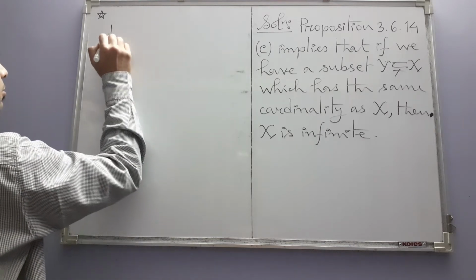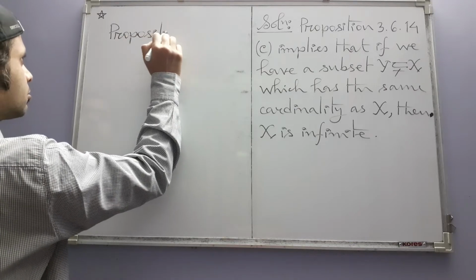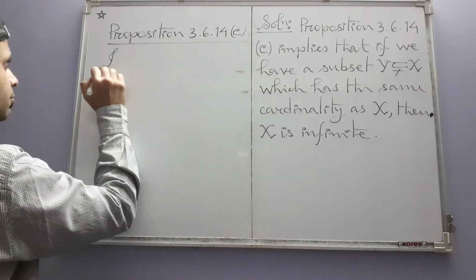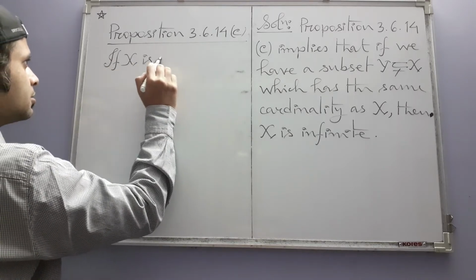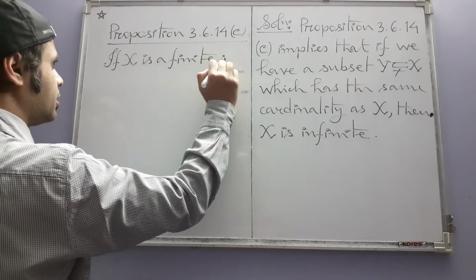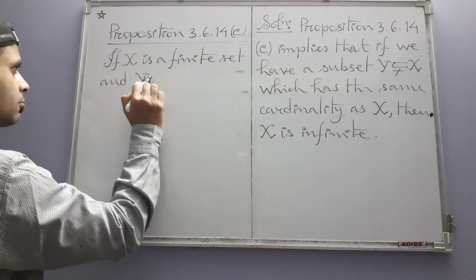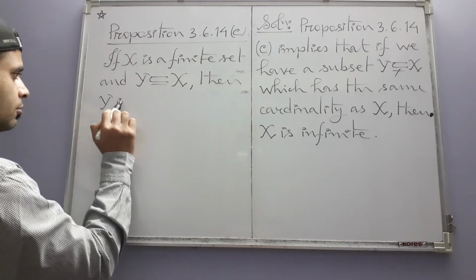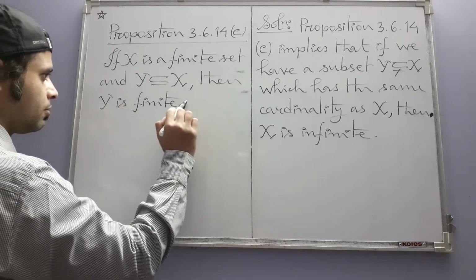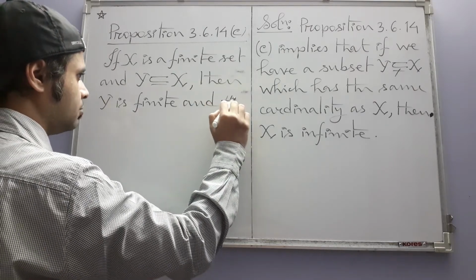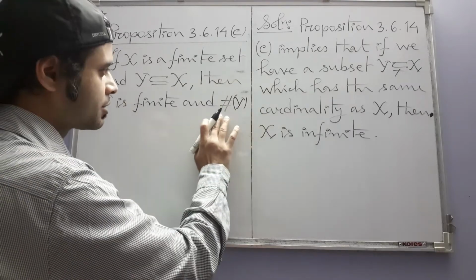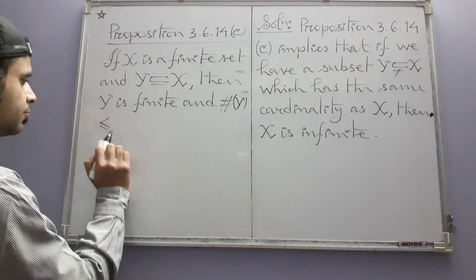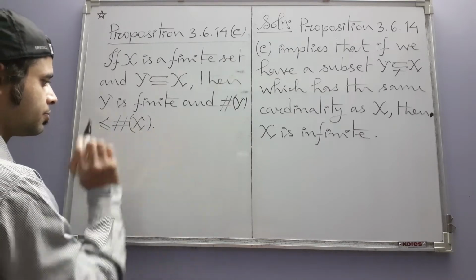So it said this: if X is a finite set and Y is a subset of X, then Y is finite and the cardinality of Y, different texts denote the cardinality of a set using different symbols, this is the symbol we are using in this text, the cardinality of Y is less than or equal to the cardinality of X. But it has something else.